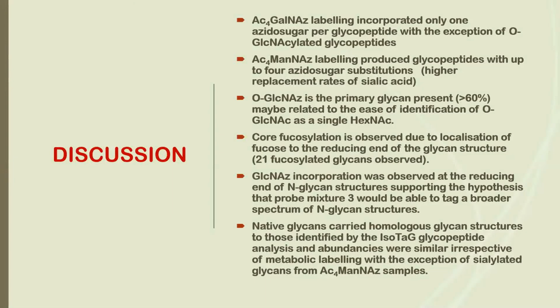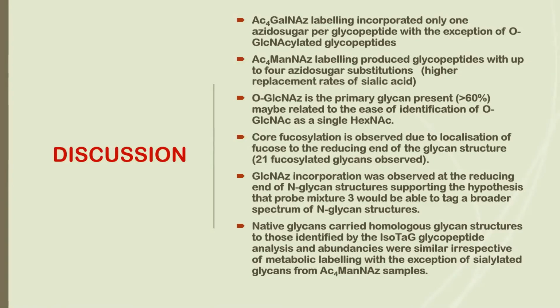Based on the results they have obtained, they have observed that galactosamine labeling incorporates only one azido sugar per glycopeptide, while the mannose label uses up to 4 azido sugar substitutions. Oligomannose is the primary glycan present with more than 60% abundance.